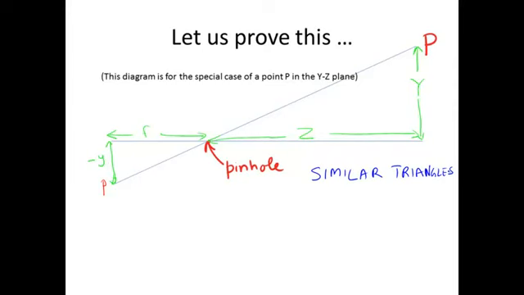So therefore, what we can say is f divided by minus y is equal to Z divided by uppercase Y. And this implies that y equals minus f uppercase Y divided by Z.